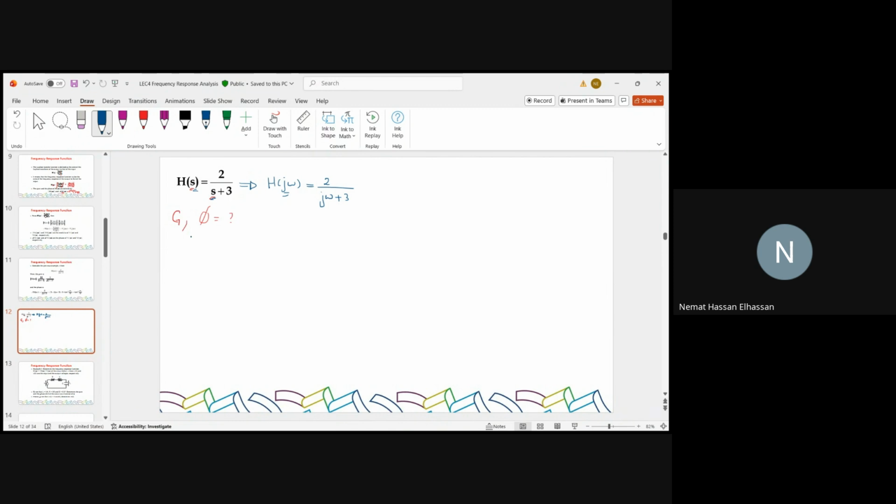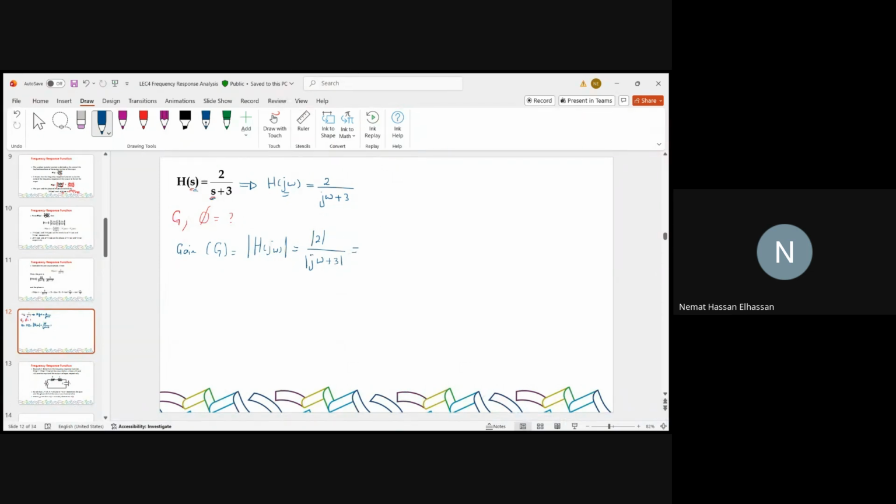If I want to find the gain, which is G, it is equal to the magnitude of the complex number H of j omega. Now, because this is a fraction, this will be equal to the magnitude of the numerator divided by the magnitude of the denominator.